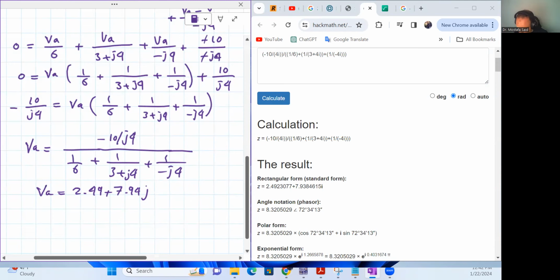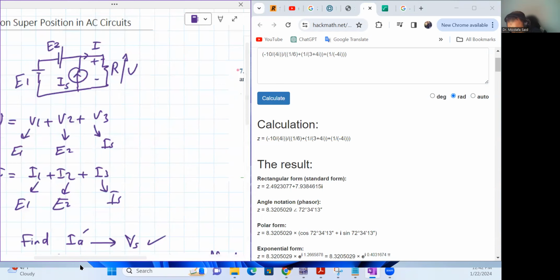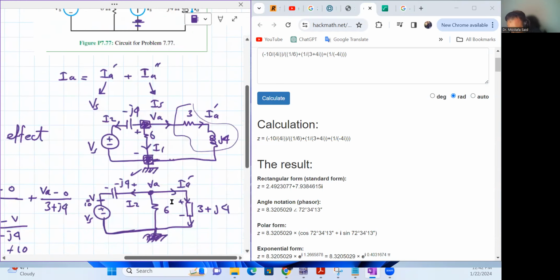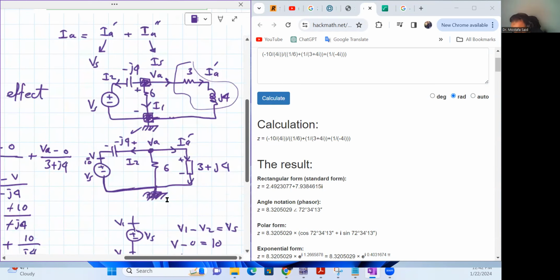But remember, we don't want VA, we want IA dash. If we go back here to the circuit after removing Is, this is IA dash. What is IA dash? IA dash is flowing through the 3 plus j4 impedance, so it's equal to the voltage across that impedance divided by the impedance value. What is the voltage across that impedance?